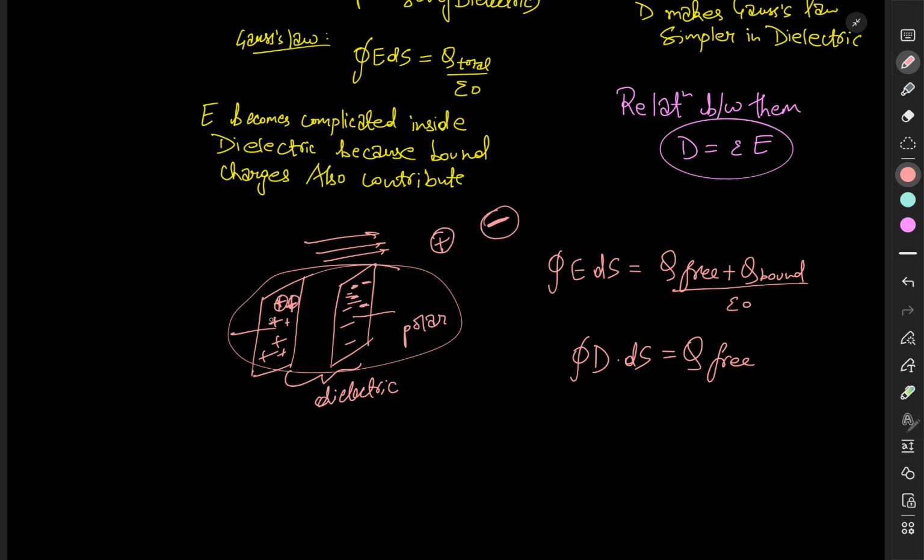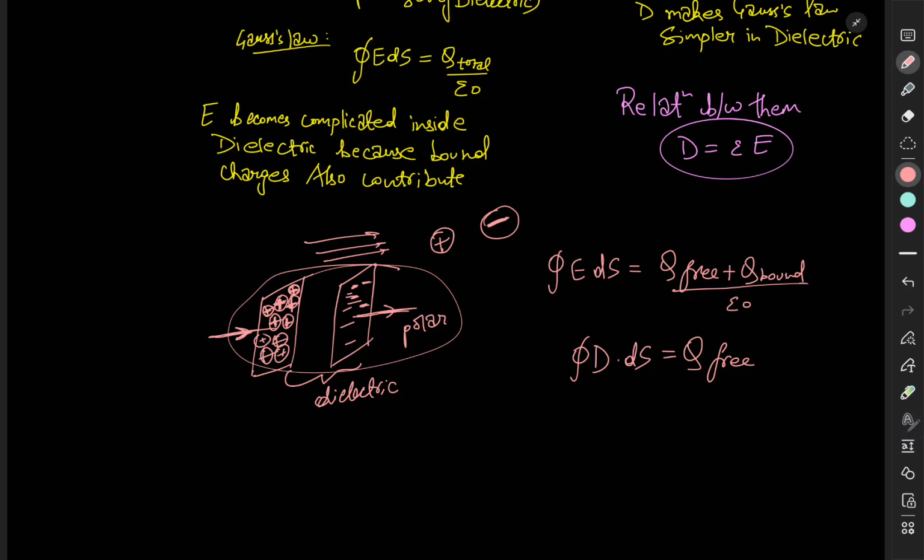These positive charges that have accumulated on this side of the plate do not move. These are called the bound charges. Free charges are those that will be moving here, right? But bound charges are those which are bound to the material and cannot get out of it, but will accumulate in it.